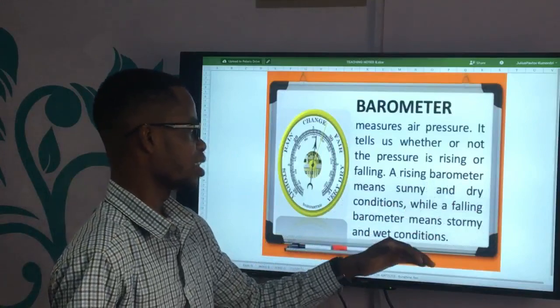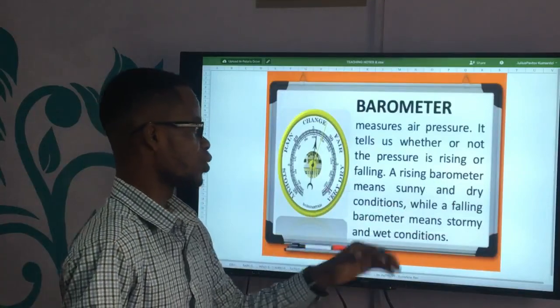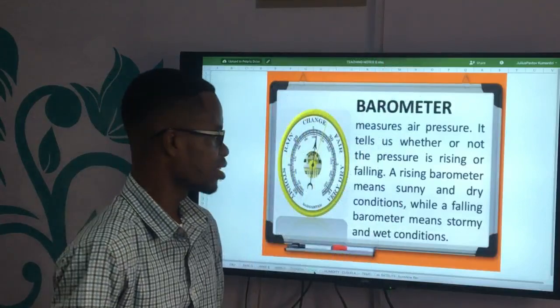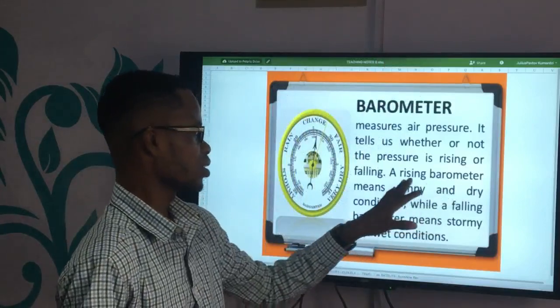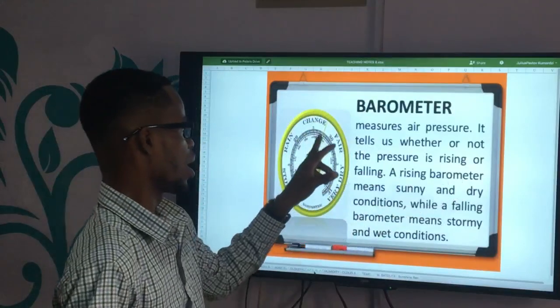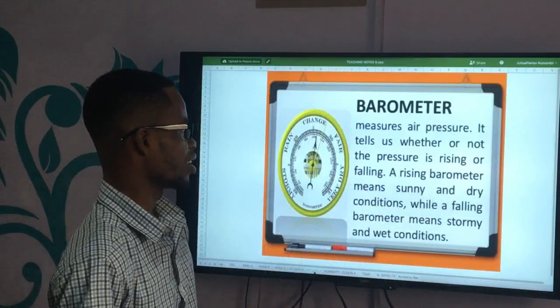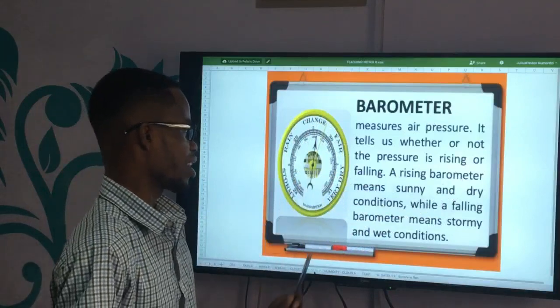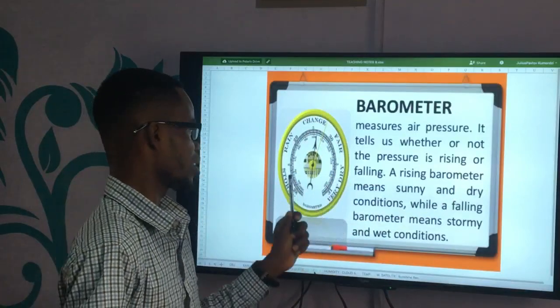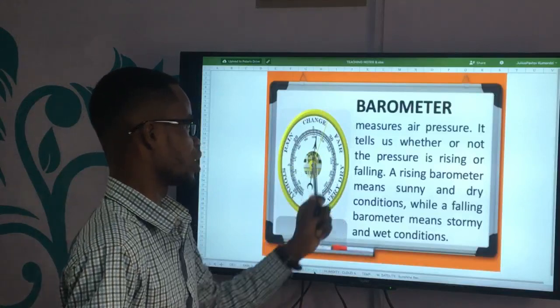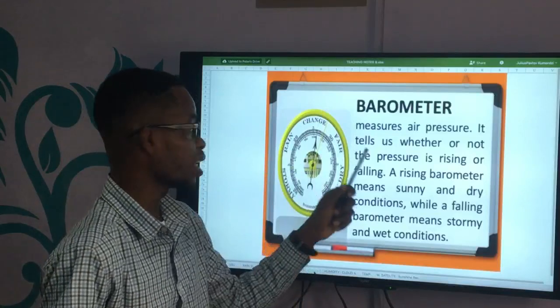If the pressure is low, you realize that you have this taking place in the atmosphere. So you have this needle here actually changing. There is change here, and then there is fair, and then there is very dry, and then there is stormy, and then there is rain. So it's actually telling us about the weather condition.